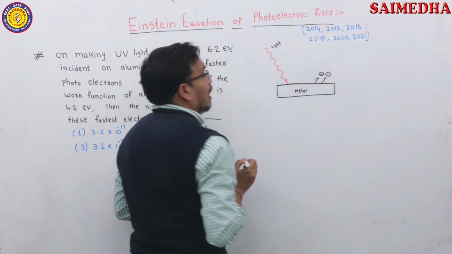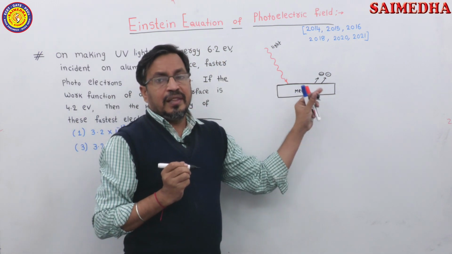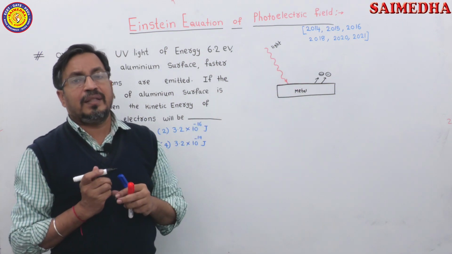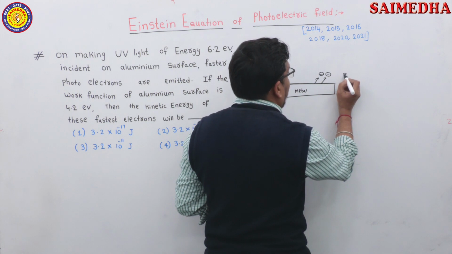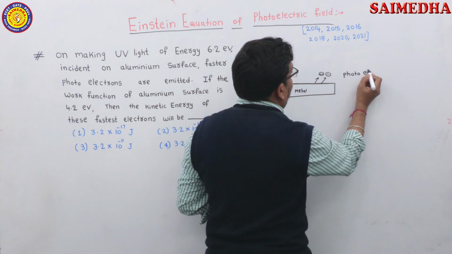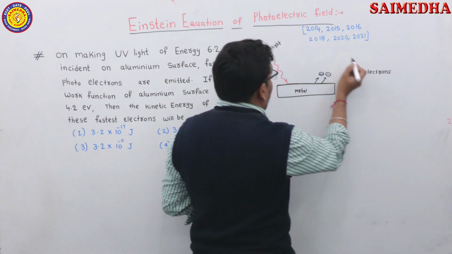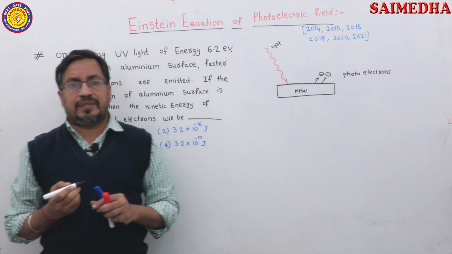So when light is incident on a metal surface, the electrons will be emitted from the metal. The emitted electrons are known as photoelectrons, and the phenomenon is known as the photoelectric effect.